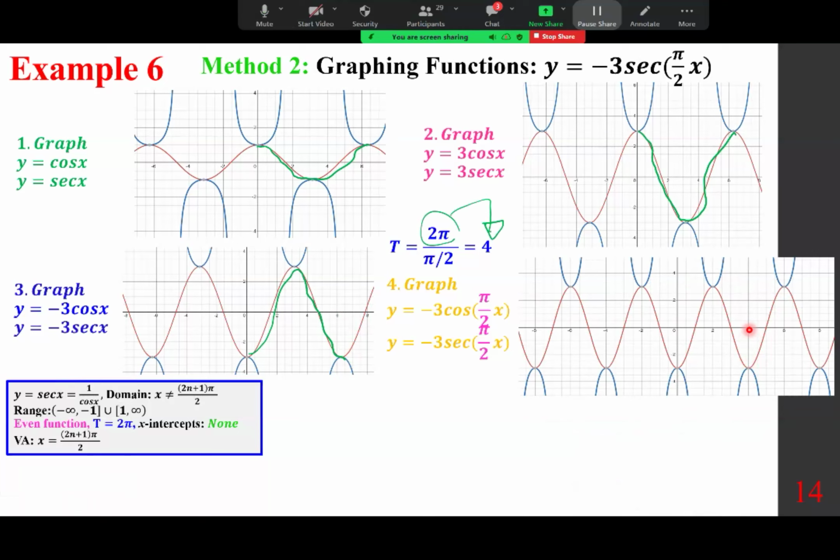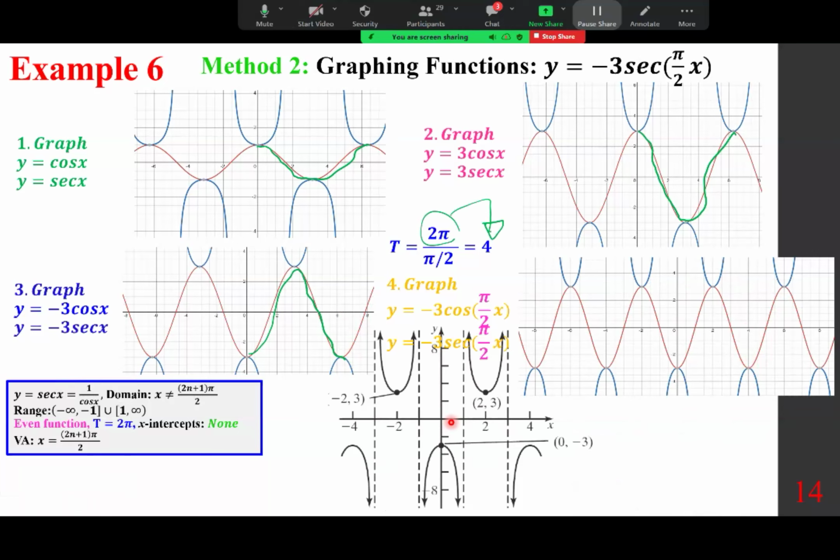And this actually shows the numbers. For example, here -2, 3, because of that number 3 that had an effect, it stretched it by a factor of 3. So this is -2, 3, this is 2, 3, and so on.